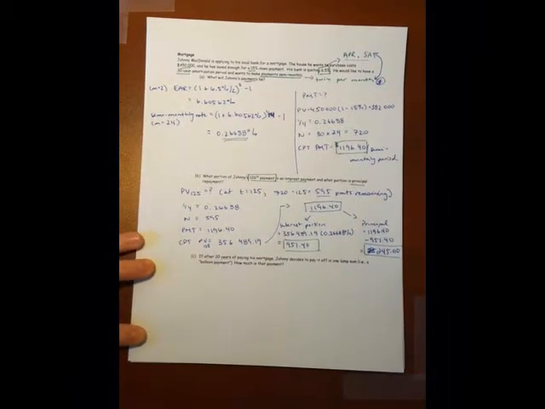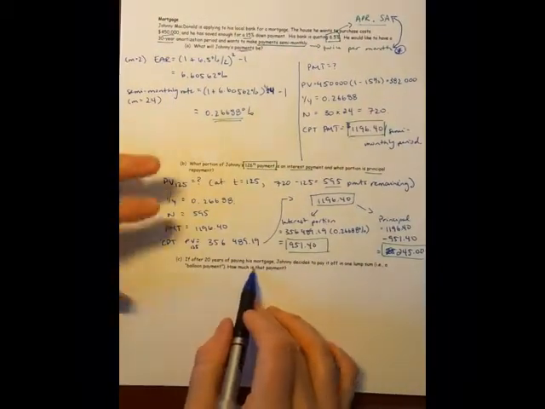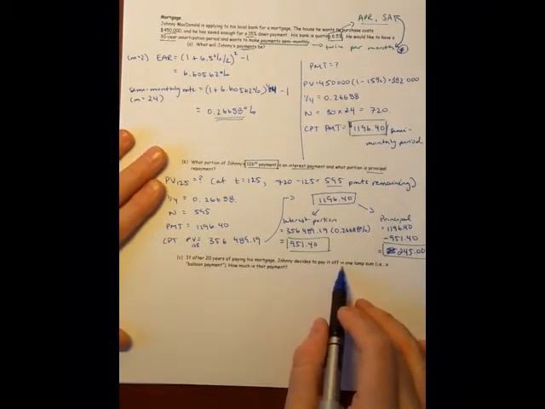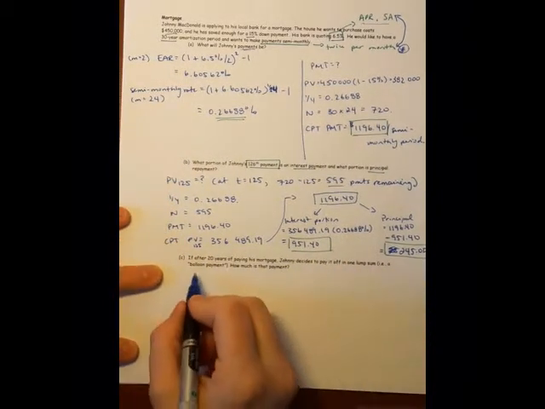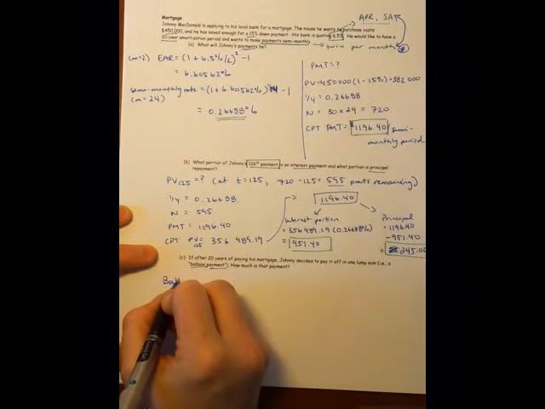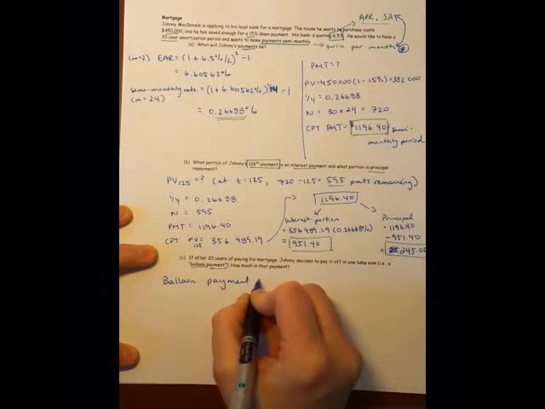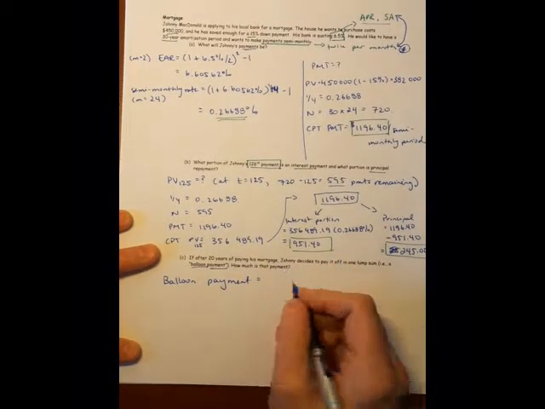Okay, the last part of this question says, if after 20 years of paying his mortgage, Johnny decides to pay off in one lump sum, i.e. a balloon payment, how much is that payment? Well, that balloon payment is going to be equivalent to the amount that we still owe.